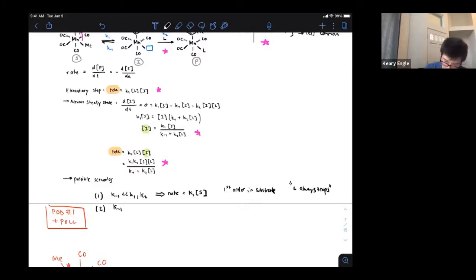You can also have, in a sense, kind of the opposite scenario. You can think of this as, rather than getting trapped 100% of the time that the methyl group migrates, it gets trapped a fraction of the time, 1/1000th of the time or something like that.